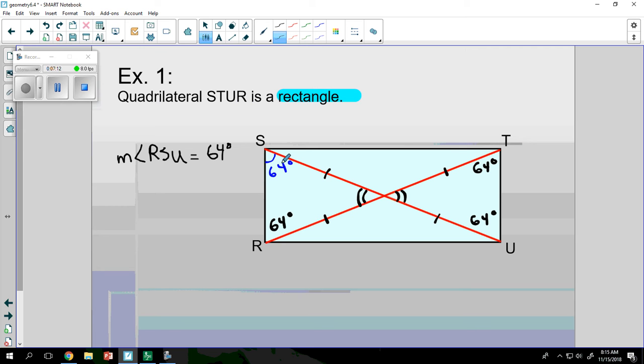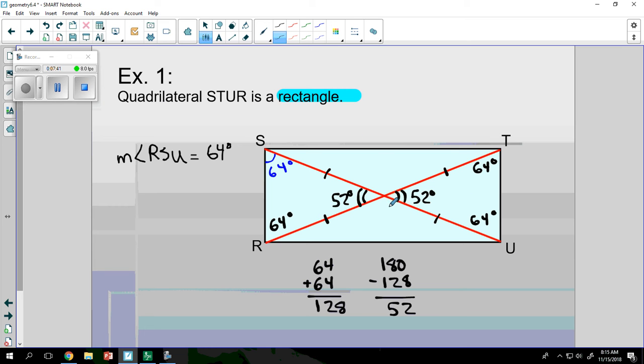If I know that those are 64, we could add those up, get a sum of 128, and then we're remembering that the angles in a triangle have a sum of 180, so we could take 180 minus 128 to figure out that left over would be 52. So that's going to be what this one is. And then because those are vertical, that one's also 52.